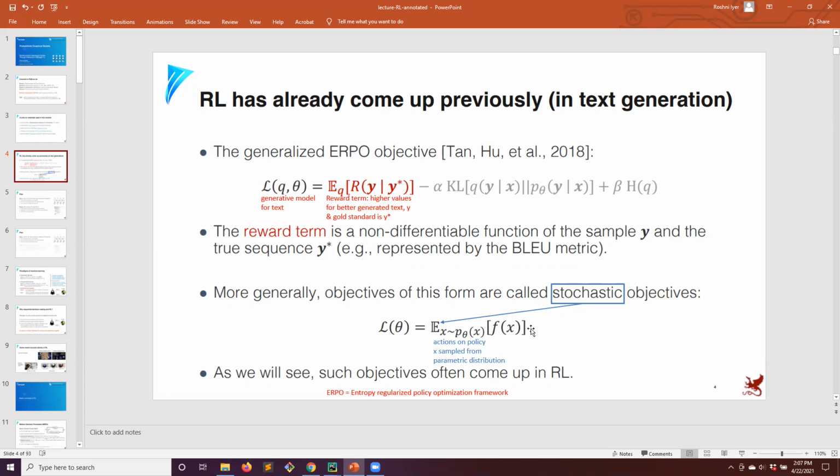And that's actually of this kind of form, where this f of x is, and when we take the expectation of that, that's actually a stochastic objective. So this is one example of RL showing up.